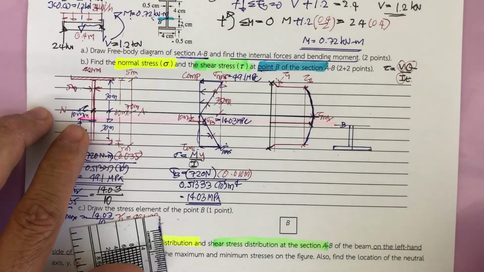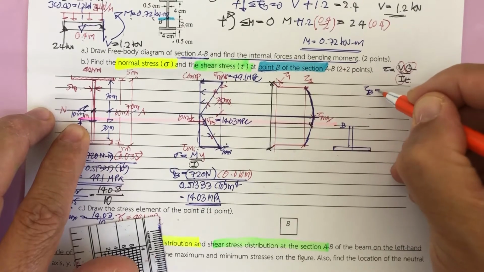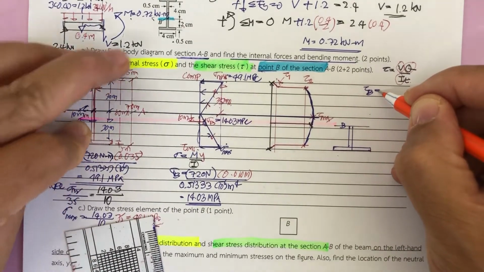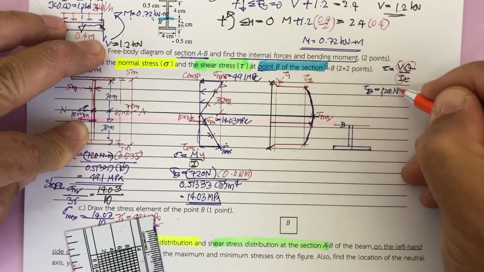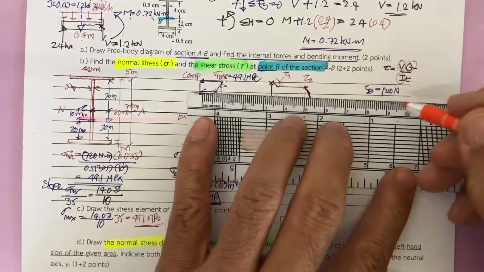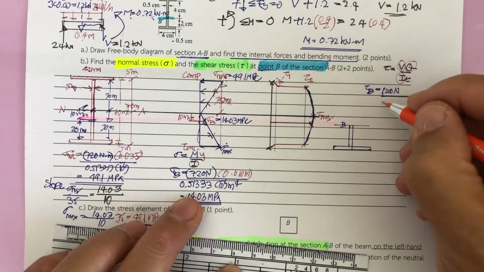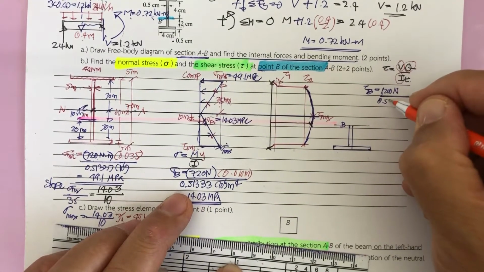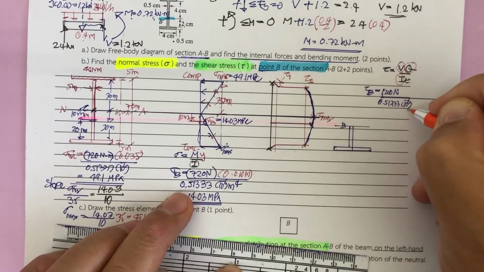And what we have is the tau. The tau sub B is going to be computed based on the shear here, 1,200 Newton. And then again, it's going to be divided by the moment of inertia, 0.151333 times 10 to the minus 6.